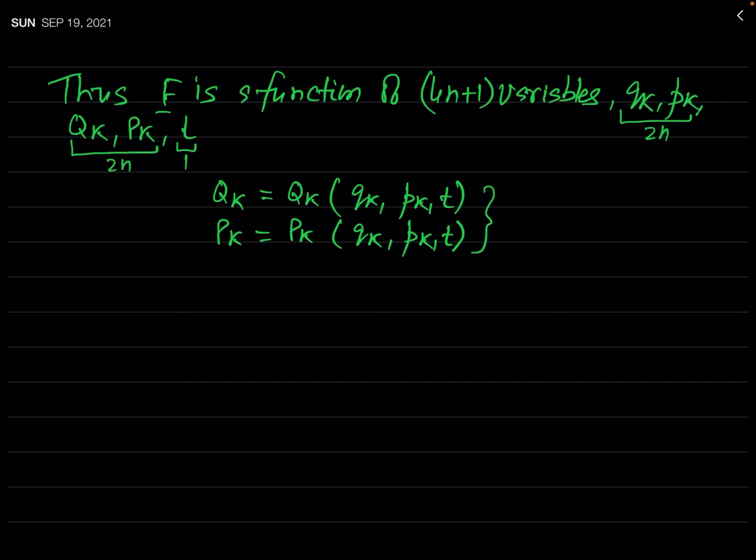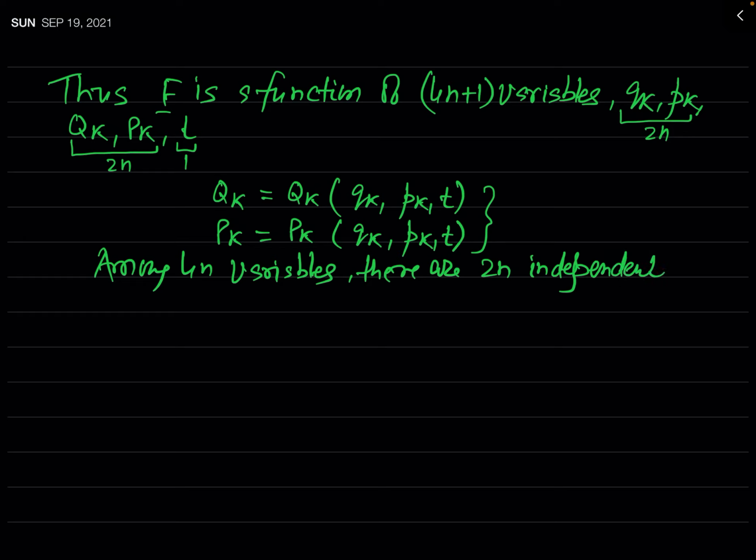So you can say that among these 4n variables, there are 2n independent variables.